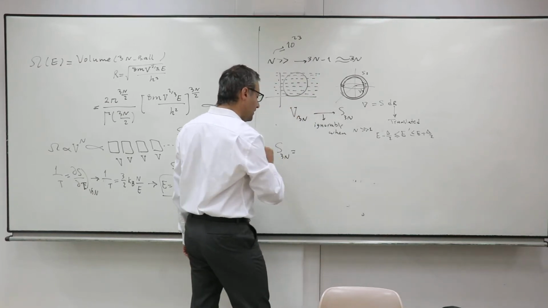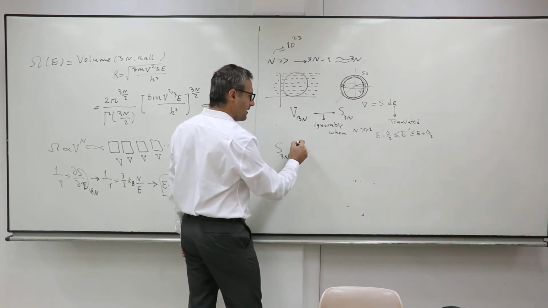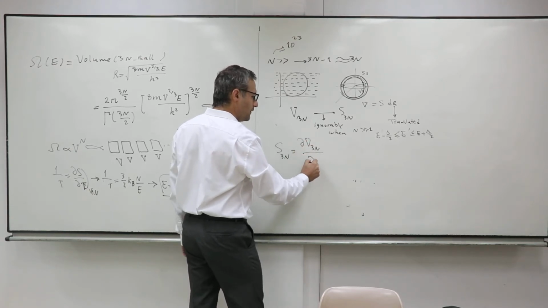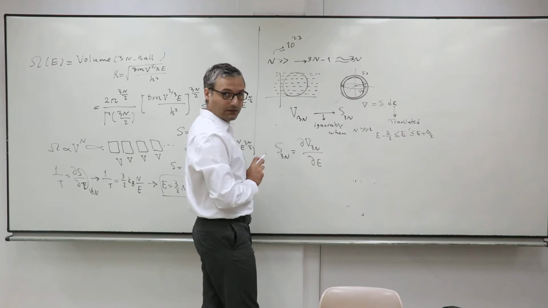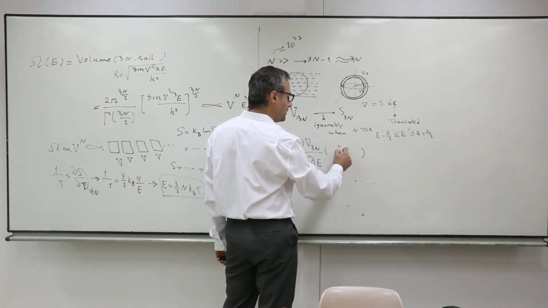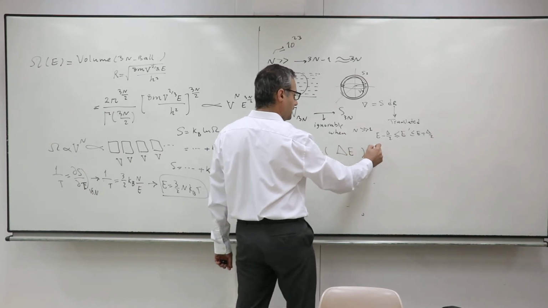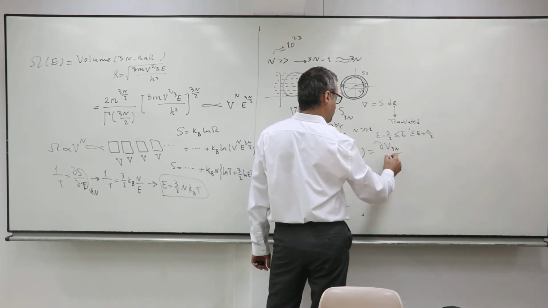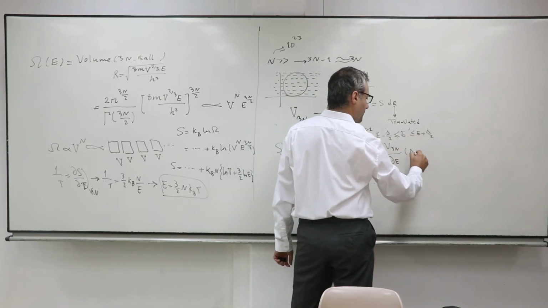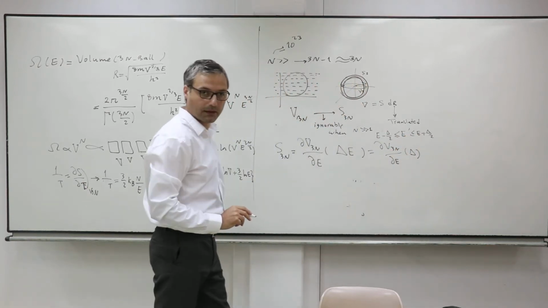If somebody really wanted that S, I think the best strategy is to take the derivative of the volume with respect to the energy, because this is multiplied by the change of the energy, delta E. Delta E is the change of the band.